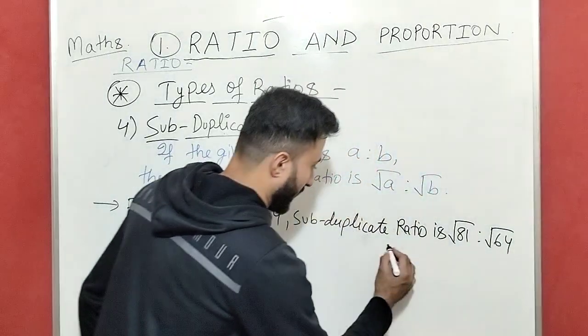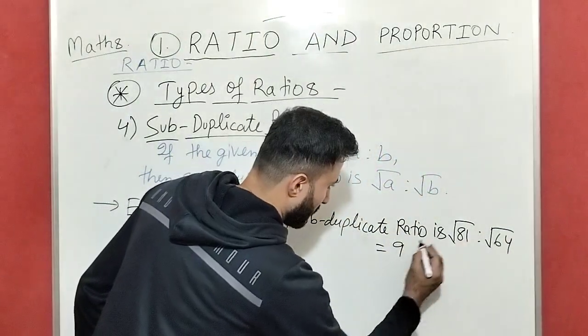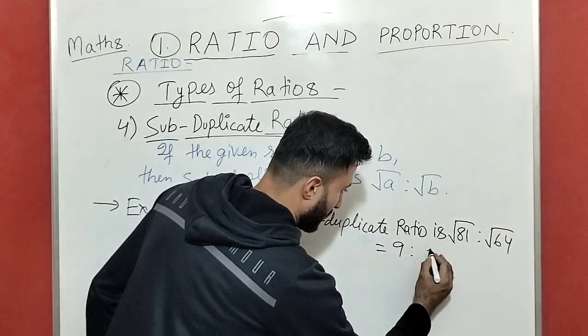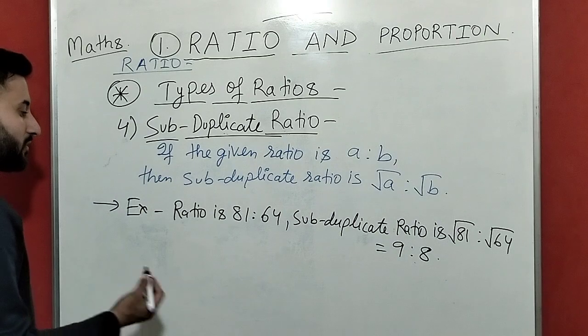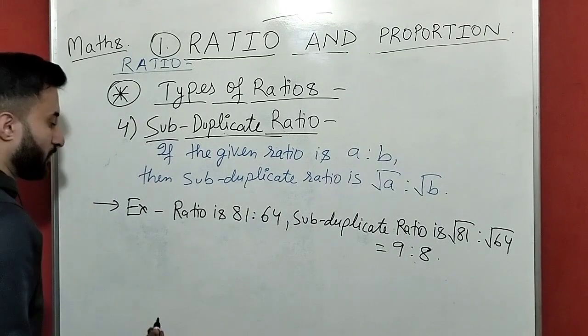As I have told you how to find the square root, the square root of 81 is 9, the square root of 64 is 8. So the answer is 9:8. So this is a sub duplicate ratio.